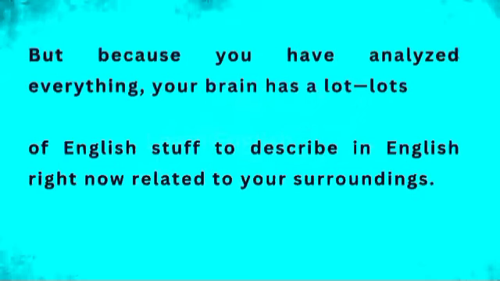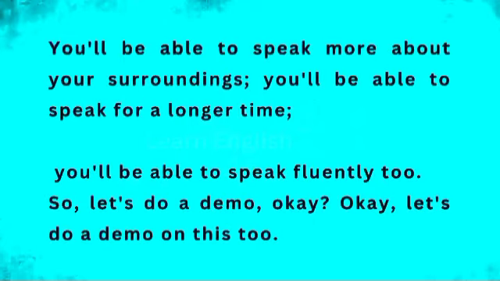But because you have analyzed everything, your brain has lots of English stuff to describe in English right now related to your surroundings. This means it increases your English speaking capacity. You'll be able to speak more about your surroundings. You'll be able to speak for a longer time. You'll be able to speak fluently too.